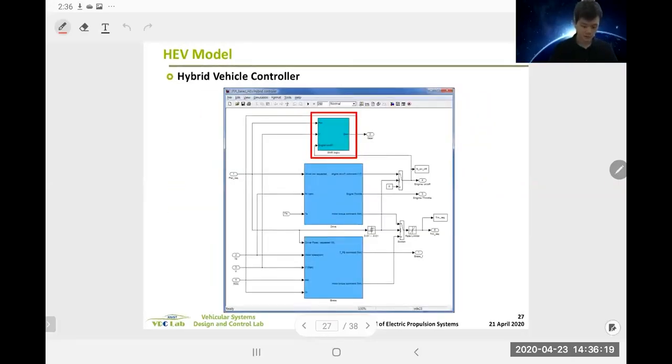Did we inside of the controller, we have this shift logic. Remember, this was a parallel hybrid with conventional transmission. So we need a shift logic that can optimize fuel economy and driving performance depending on the state and power demand.